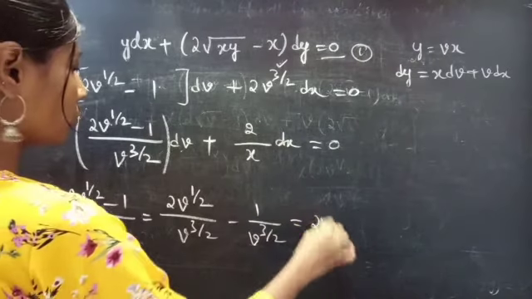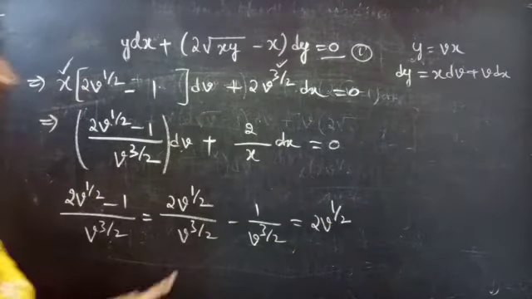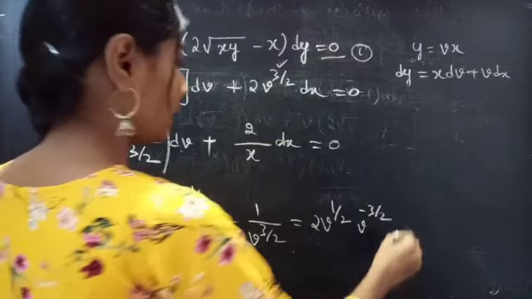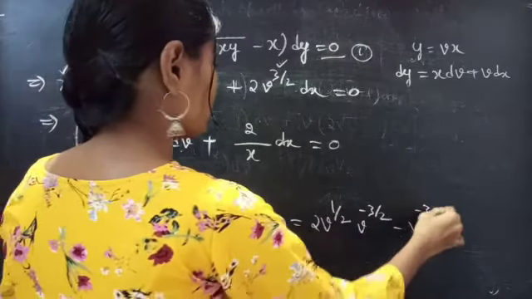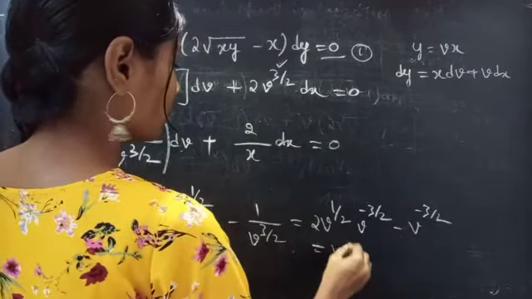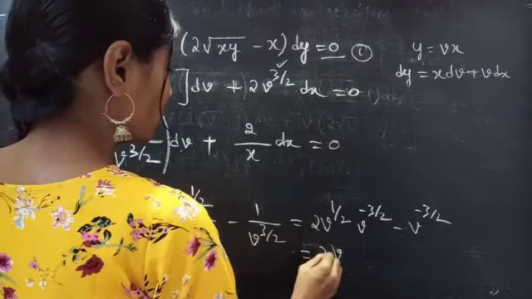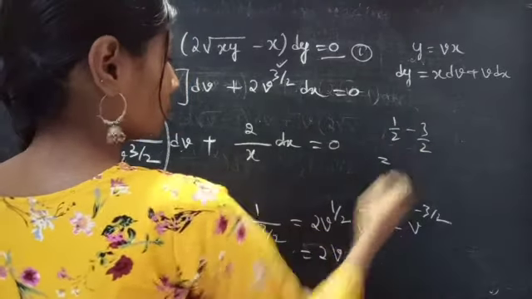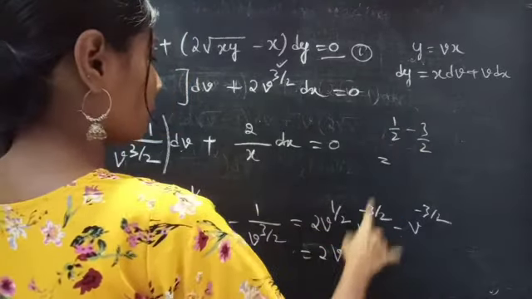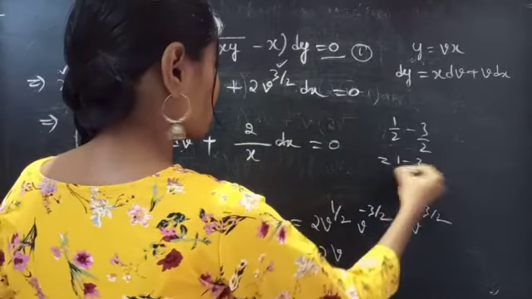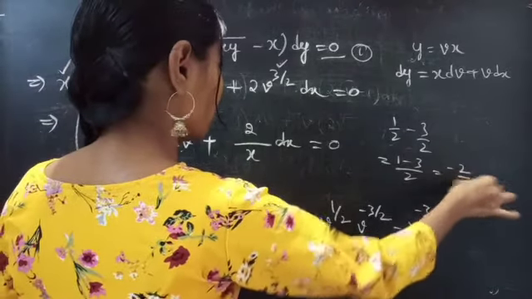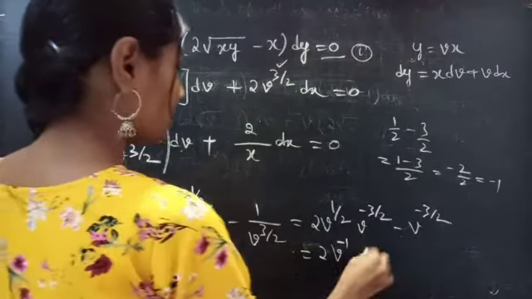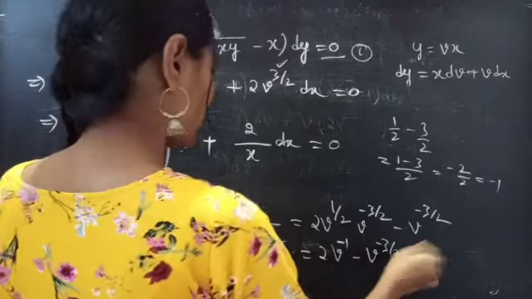This equals 2 into v power 1 by 2 into v power minus 3 by 2 minus v power minus 3 by 2, which is equals to 2 into v power 1 by 2 minus 3 by 2. Here the bases are equal, so we'll add the powers. 1 minus 3 by 2 is equals to minus 2 by 2, which is equals to minus 1, right? So we'll get v inverse minus v power minus 3 by 2.